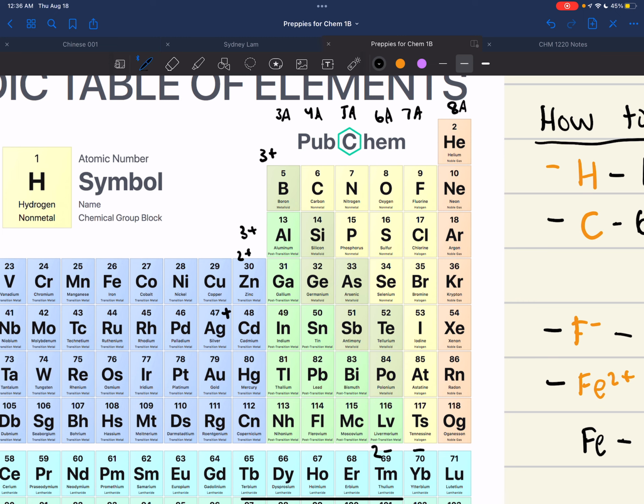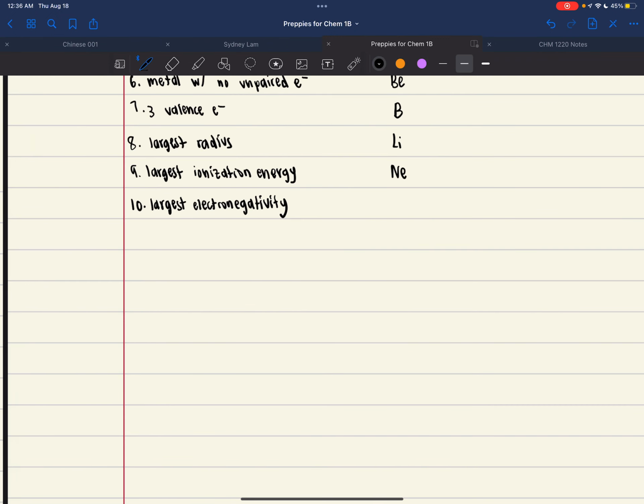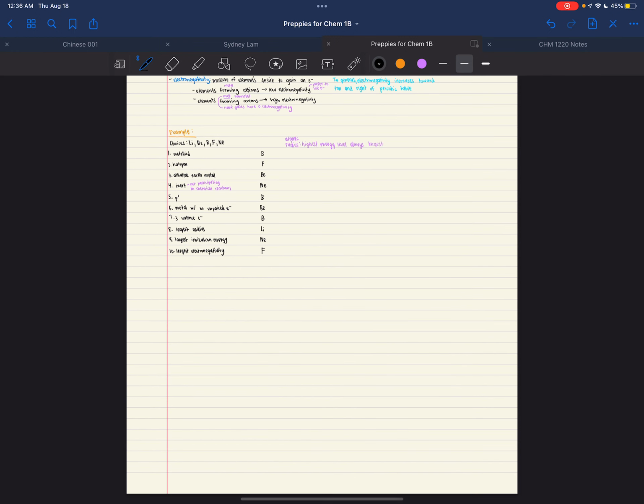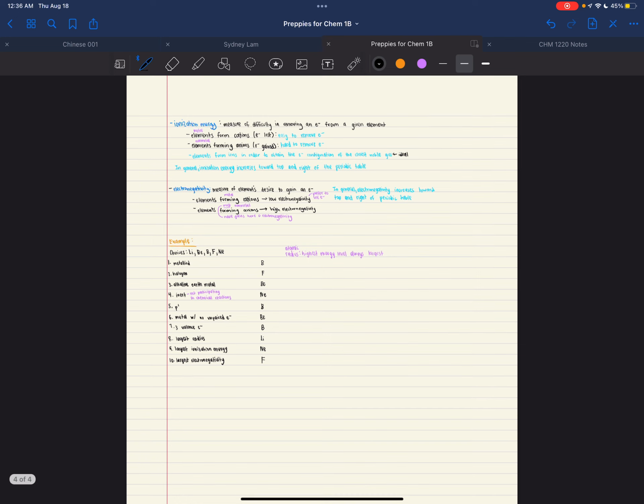So its desire to gain that last electron is the largest. It really wants to gain that electron in order to become ideal. So the final answer would be fluorine. I apologize, I keep calling them by their ionic names.